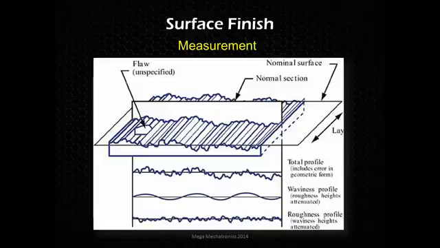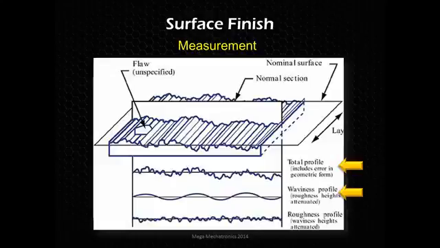If we look at the total profile, this is basically the raw output of that. You could sort of match up the peaks and valleys from the 3-dimensional part down to the profile. And from that we can derive the waviness profile. So we are filtering out the roughness, those micro irregularities, and we are looking at the waviness.